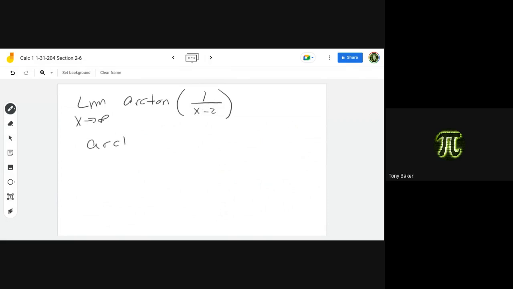Because we still can do the same thing. We can still move the limit inside. That's now going to 0, which I can plug in. So what's arctangent of 0? 0. So that's fine. I can use 0. 0 is an actual number. So we could definitely do that.